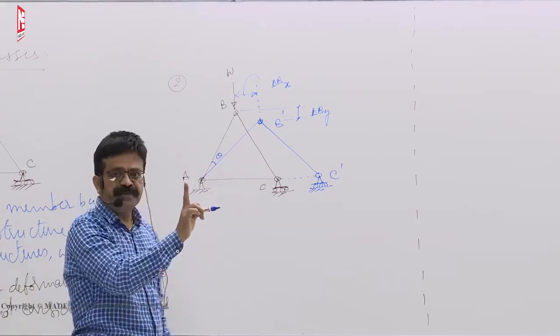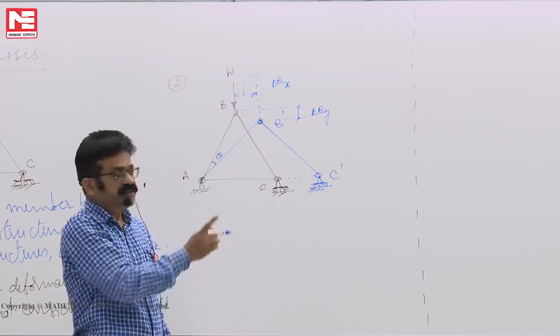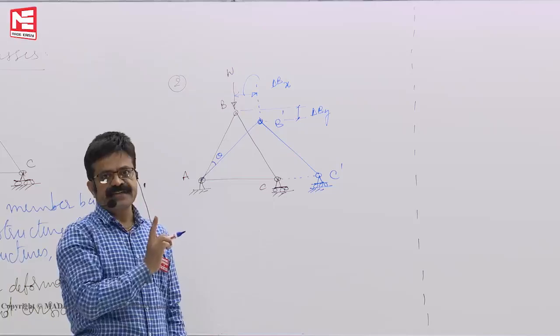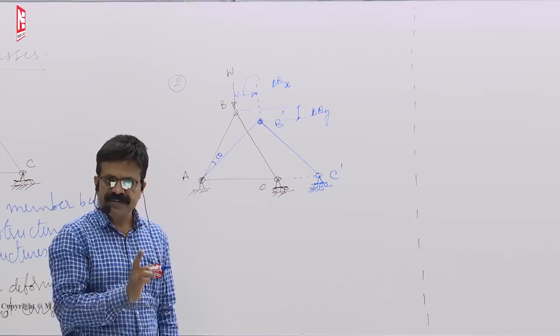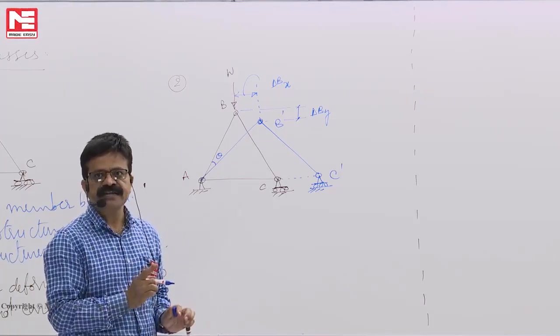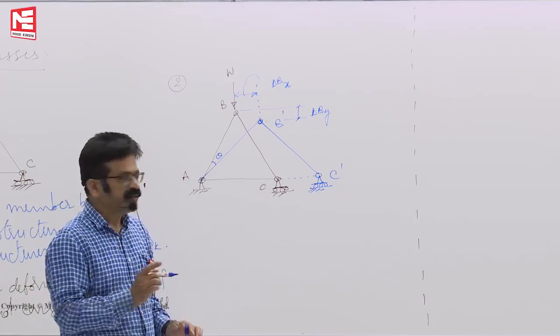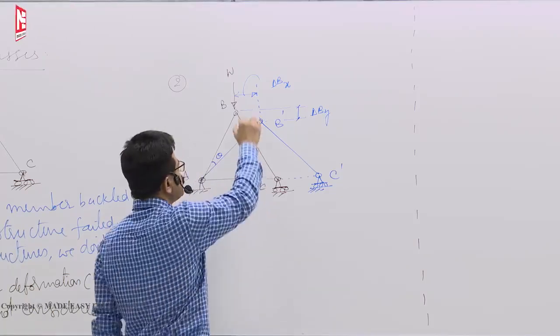See, the member AB did not bend but rotated. Without bending, if it rotates, we call it rigid body rotation. That means without developing any bending stress, if it rotates, we call it rigid body rotation. Okay. So, this is rigid body rotation. Also, we will not count it because of this reason.